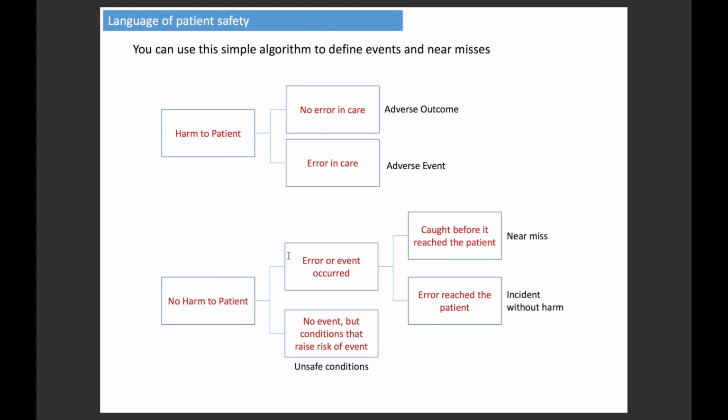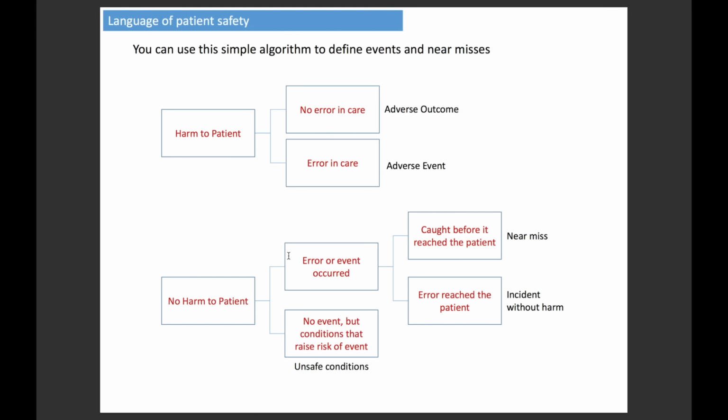And so it's really important to understand unsafe conditions, because if you can begin to understand unsafe conditions, you can see how you can prevent harm to the patient. But if there's an error that did occur, was it caught before it reached the patient? It's a near miss. And if the error reached the patient, it's an incident without harm.